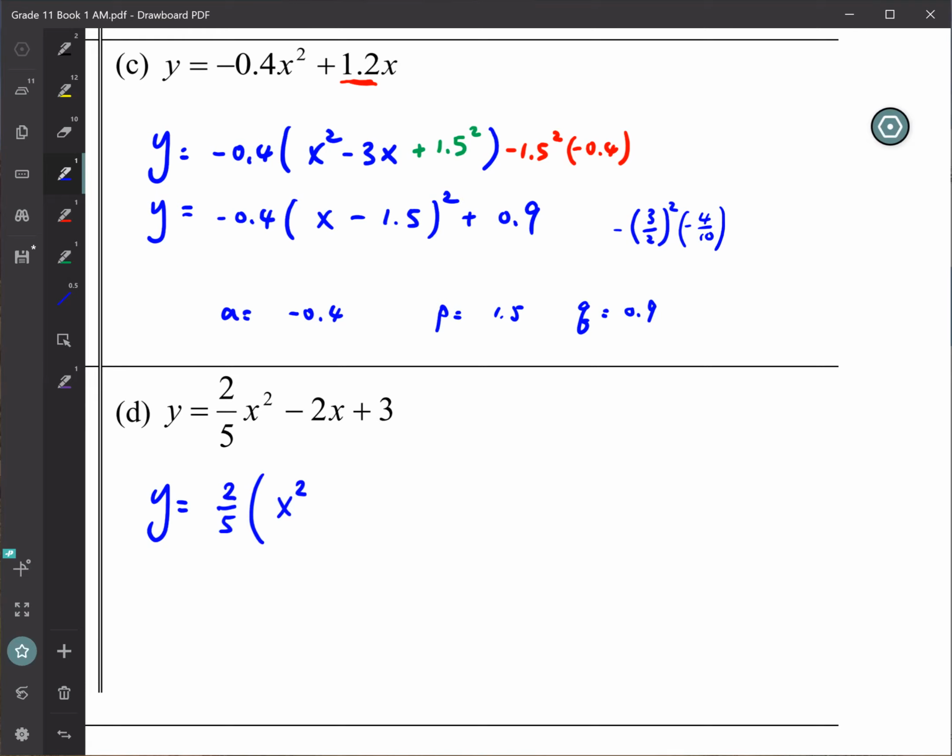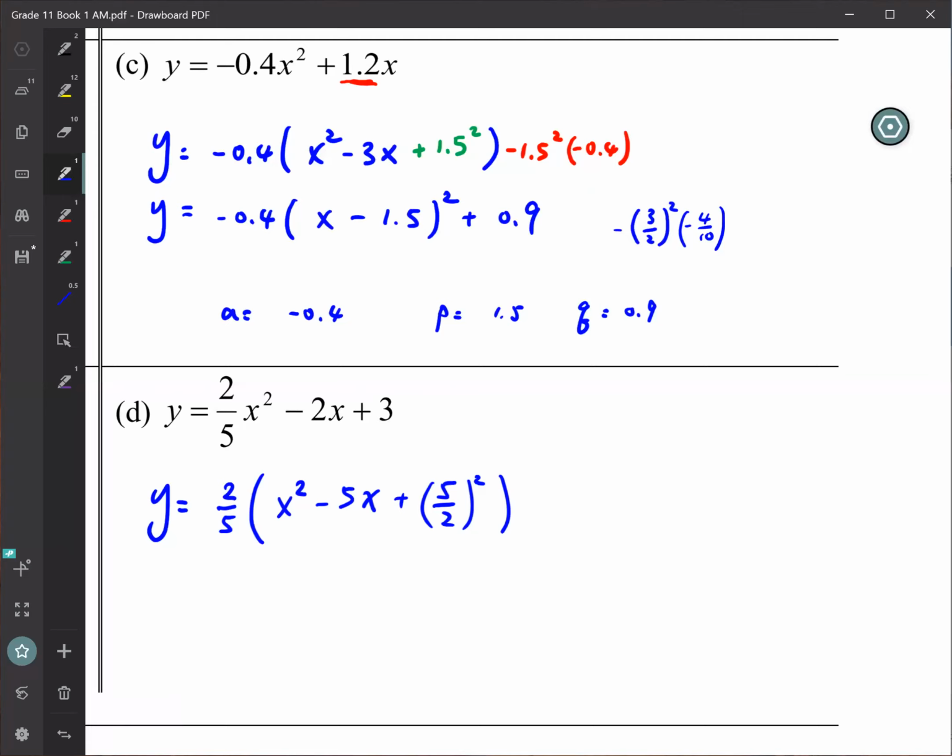Okay, Aaron, can you tell me what's inside the brackets, like for the first line? What you did was negative 5x plus 5 over 2 squared. Mm-hmm.